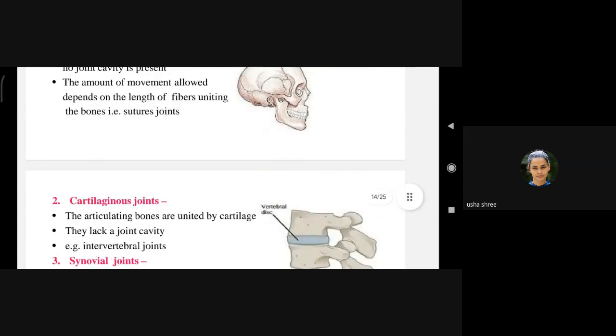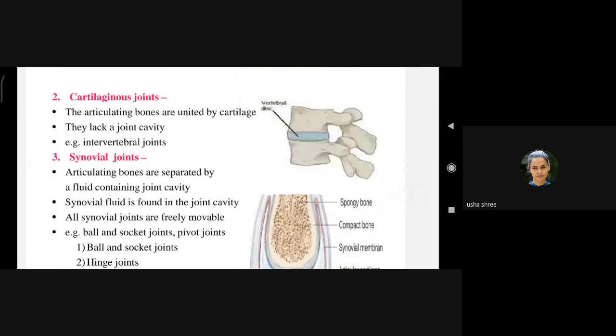Next, the second one was the cartilaginous joint. The articulating bones are united by cartilage. They lack a joint cavity. Here also we can't find a joint cavity. For example, we can see here in between two vertebrae, there is a cartilaginous disc.